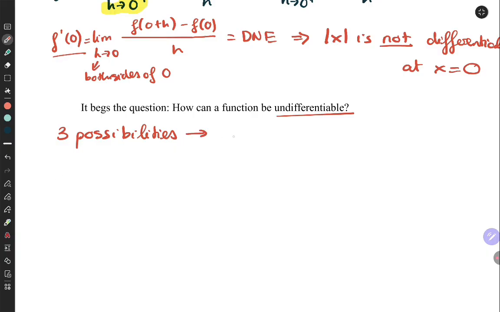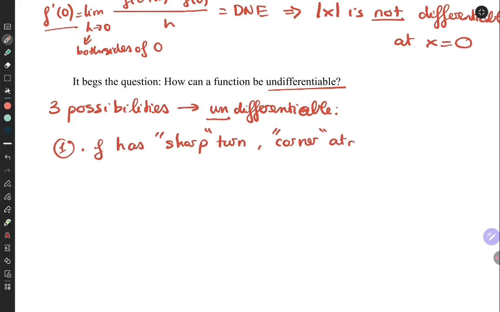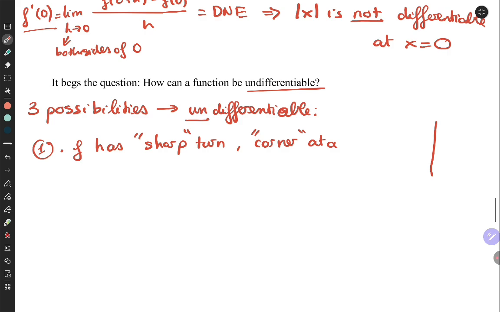That leads to undifferentiable. First, f of x has more like a sharp turn or a corner at A, which is what we just saw.